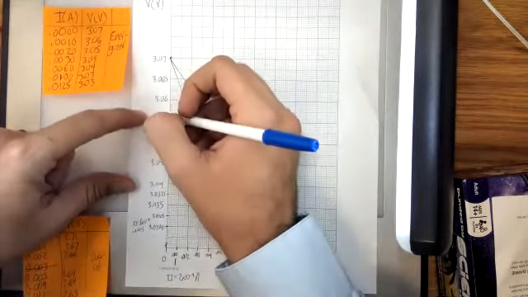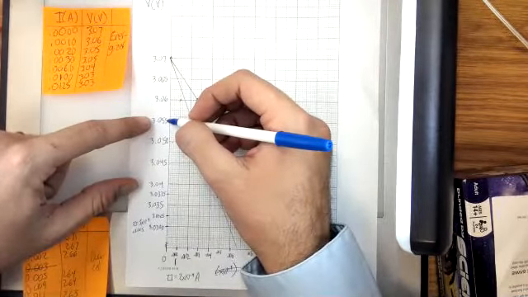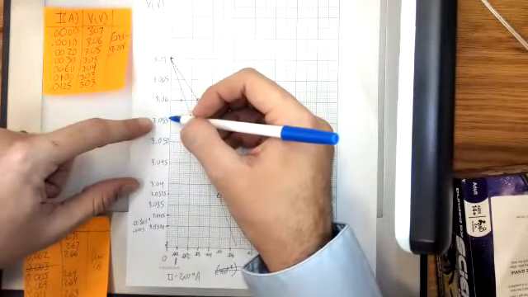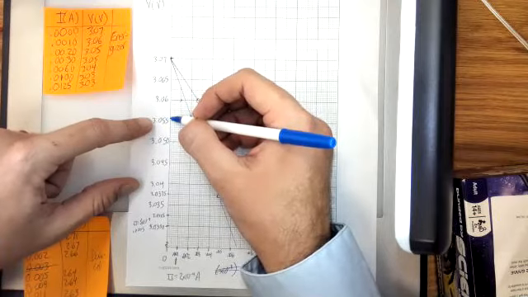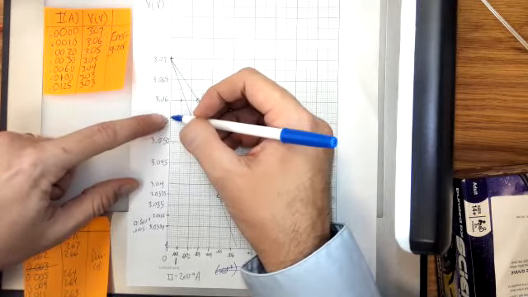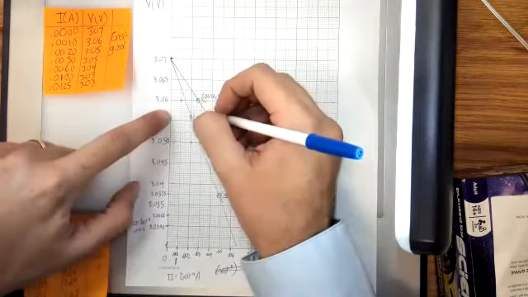All right, 5.06. So it's going up by 0.0005. So if we added 3.055, 3.056.